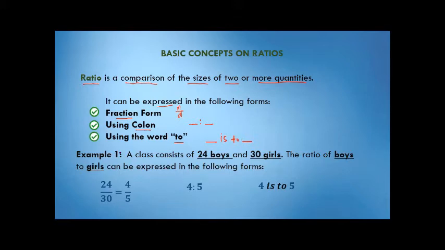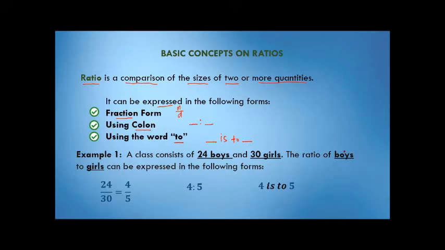Okay? So example number 1, so a class consists of 24 boys and 30 girls. The ratio of boys to girls can be expressed in the following forms. So gagamitin natin yung tatlong form para ma-express yung ratio na binabanggit. So ang ratio na binanggit is ratio ng boys to girls.